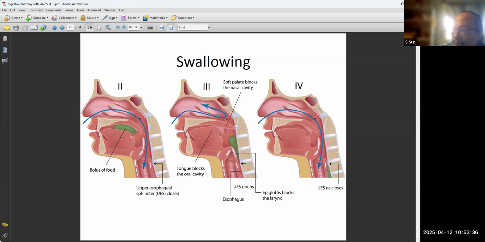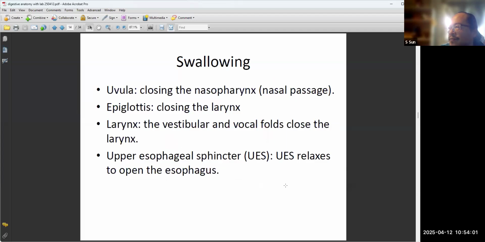The uvula blocks the nasal passage. The epiglottis blocks the entrance into the larynx. So that's that. And we need to open one thing, that is the upper esophageal sphincter. We need to open that one. Open it, and the food can come in. So that's swallowing.